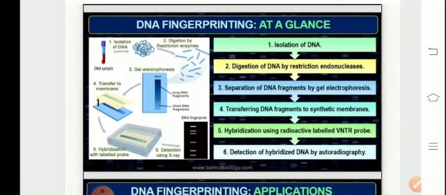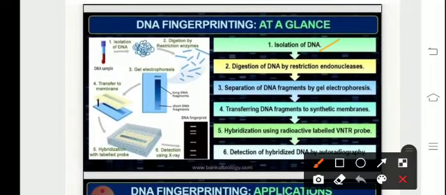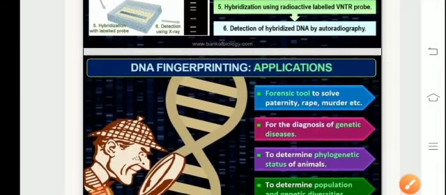So the steps at a glance: first, to carry out the isolation of the DNA. Second, to digest the DNA with the help of restriction enzymes. The third is to carry out separation using gel electrophoresis. Then to transfer onto a synthetic membrane, which is nitrocellulose membrane. Hybridization with the probe and the detection of the DNA using autoradiography.